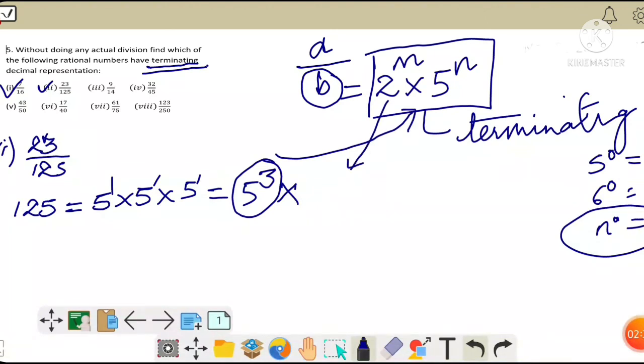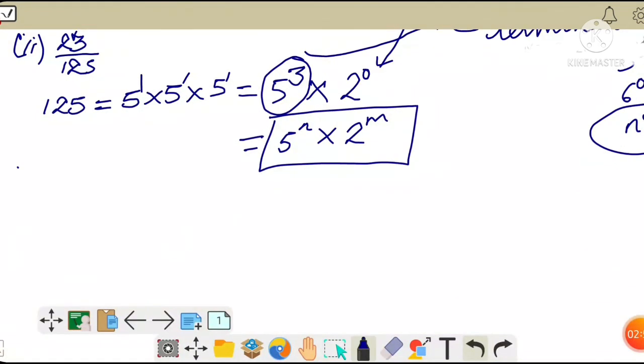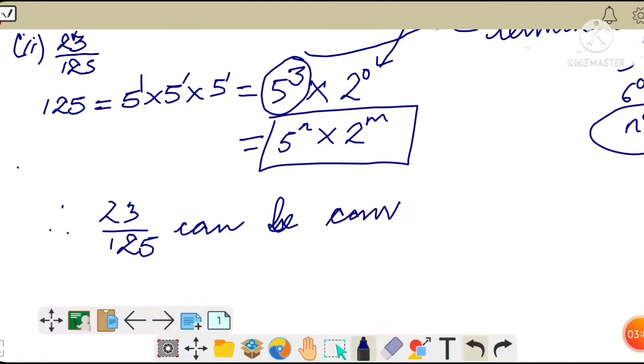Now we make 2 to the power m by taking 2 to the power 0, which is 1. So 5 to the power 3 means 5 to the power n and 2 to the power m. So yes, it can be represented in the form 5 to the power n into 2 to the power m. So yes, 23 by 125 is convertible into a terminating decimal.